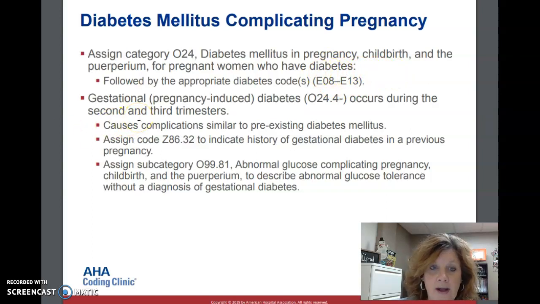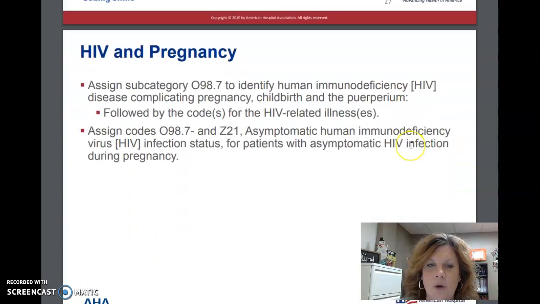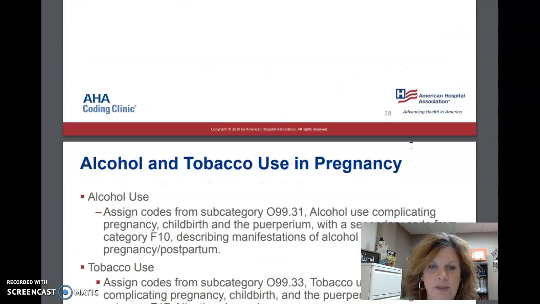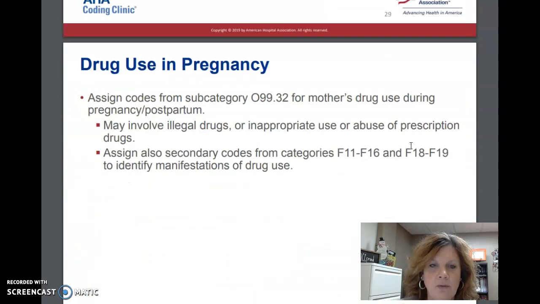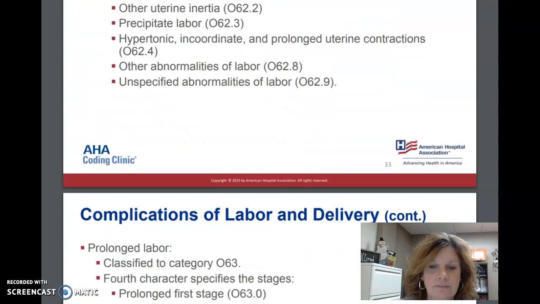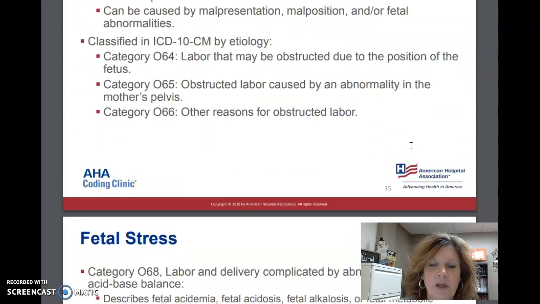This usually occurs in the second and third trimesters, and you're just going to use the O code probably for that one. Doesn't mean you're not going to use the E code, because gestational, again, usually just happens while you're pregnant. And if you had it before, you will add a Z code. Okay, we have HIV and pregnancy. You can review that. Alcohol and tobacco, drug use, complications. Okay, so read through that.